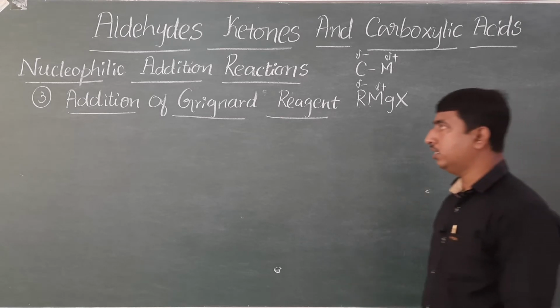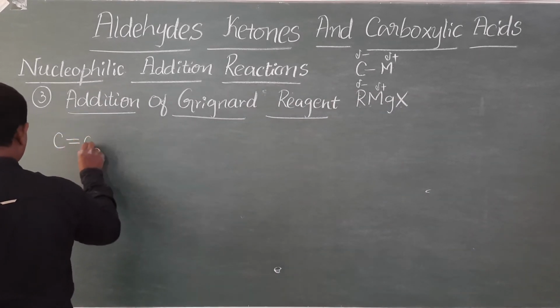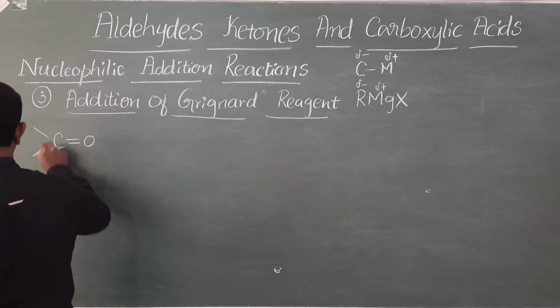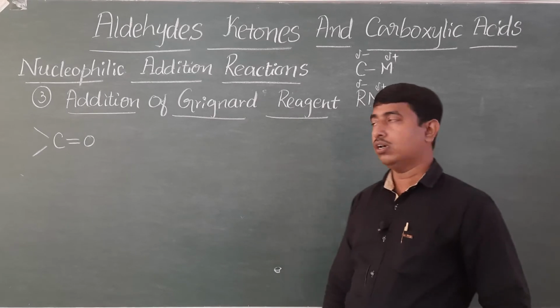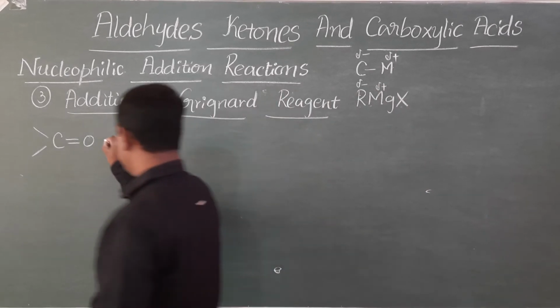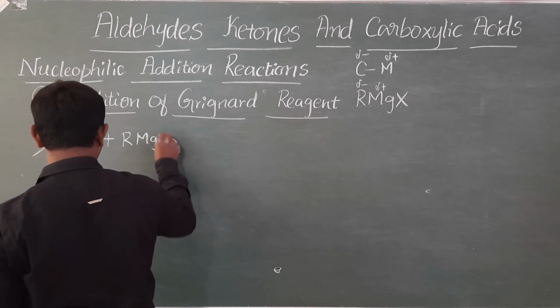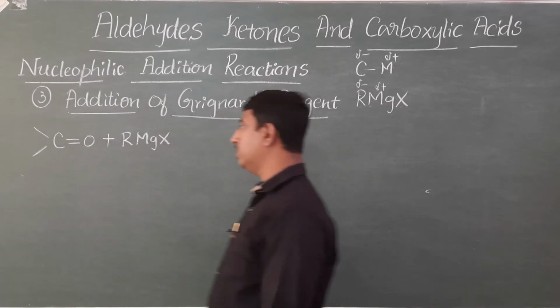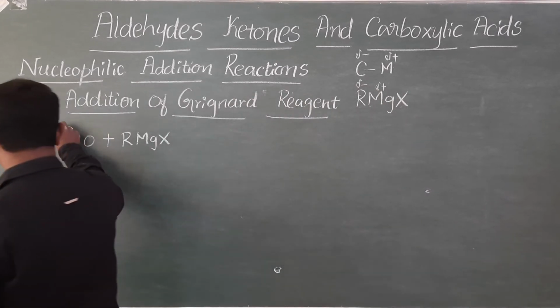Now we can write the addition reaction. C double bond O represents either an aldehyde or a ketone. It is made to react with Grignard reagent, whose formula is RMgX. I will write the polarity here.